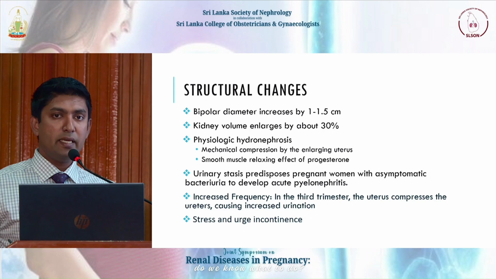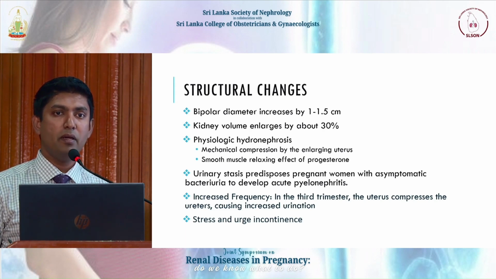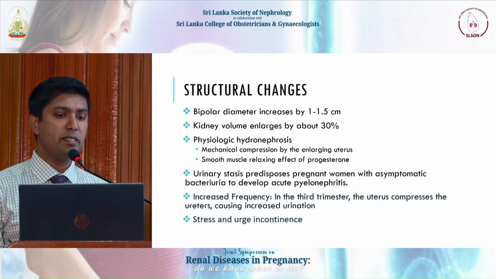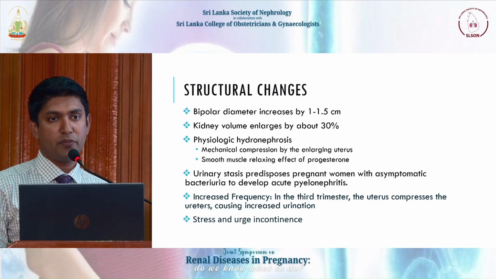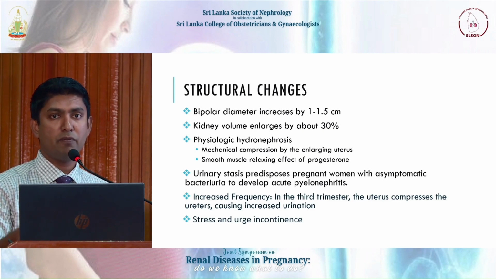What are the structural changes? Because renal blood flow increases, the kidney becomes edematous. The bipolar diameter will increase by about 1 to 1.5 centimeters by about 26 weeks, and the kidney volume increases by about 30%. On ultrasound the kidneys might look edematous. There is a condition we call physiological hydronephrosis.